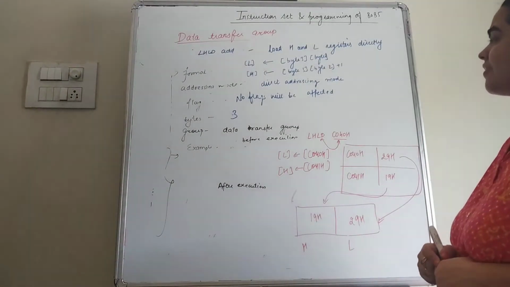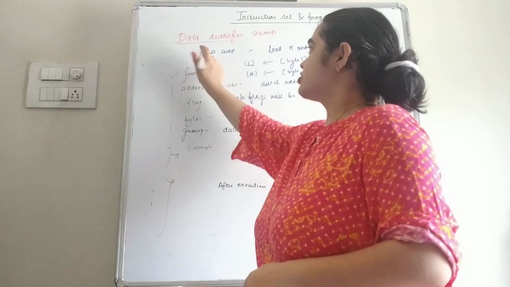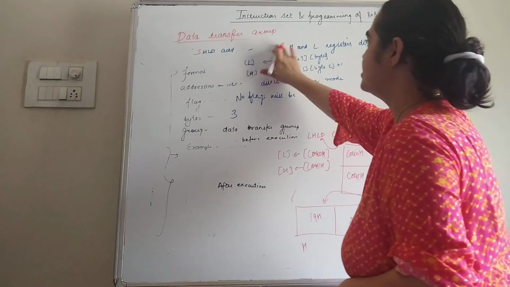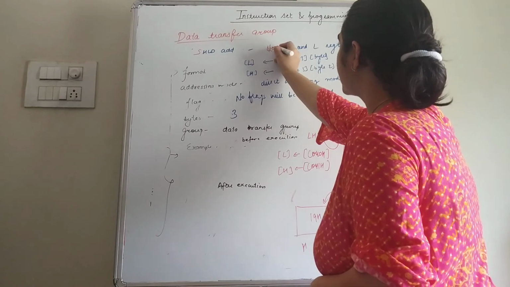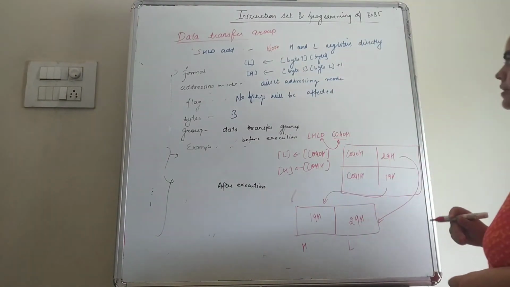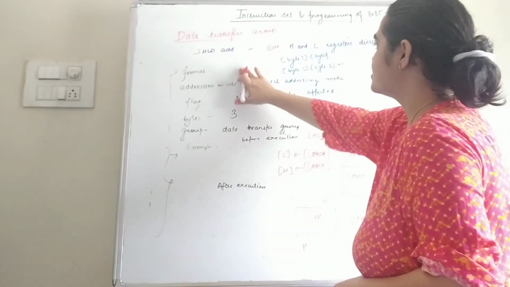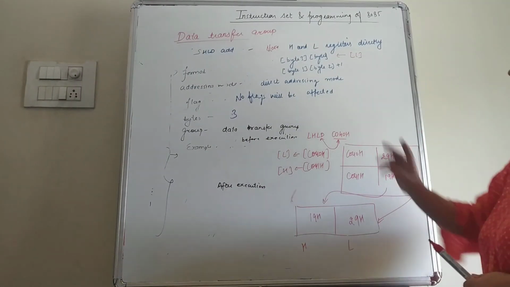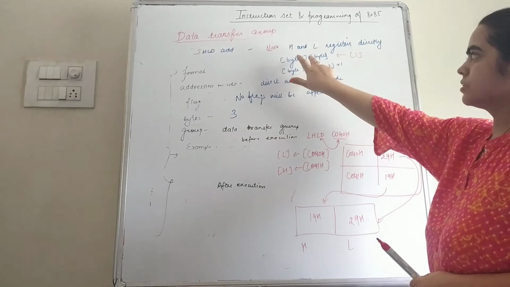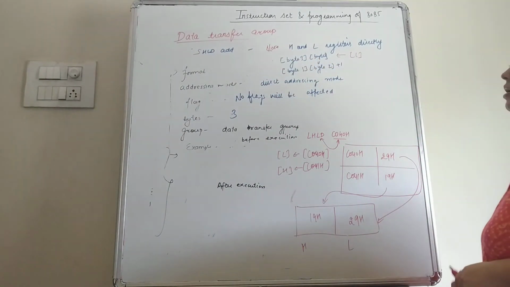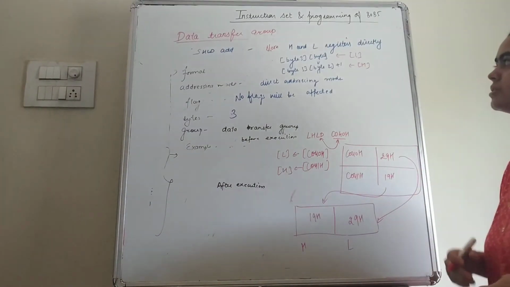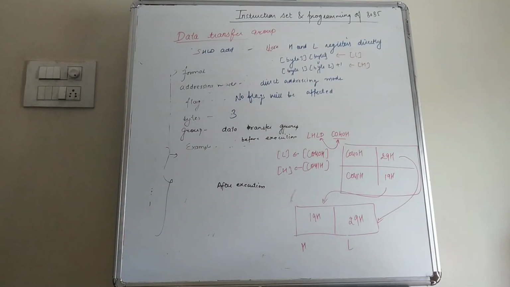So students, after this, the next instruction we have is SHLD address. That means store the HL registers directly, which means the contents of the L register will be stored into the memory location that is written in the instruction, and the contents of H will be stored in the next memory location.